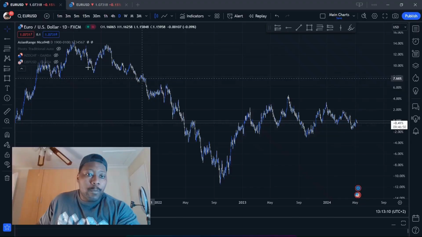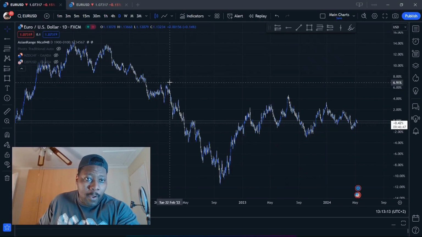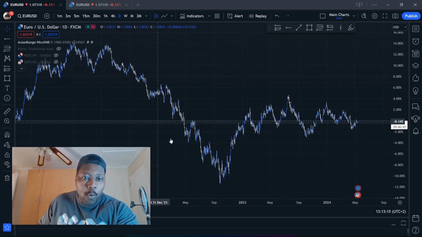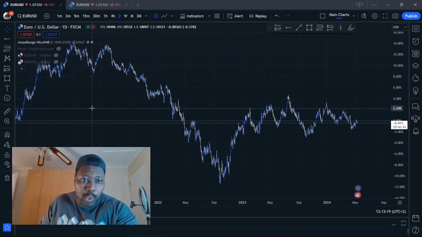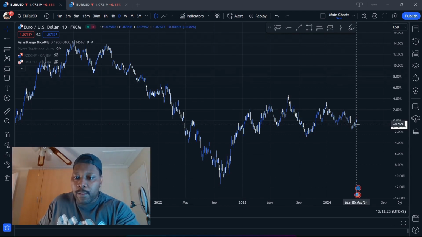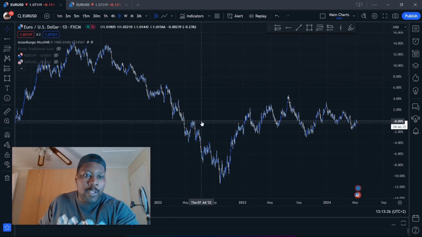Another way you could look at the correlations between pairs is by using the compare tool on TradingView. Let me show you. Looking at Euro USD on the daily time frame, you can notice the overall trend and pattern that price has been printing from, let's say, March of 2021 till today, May of 2024.